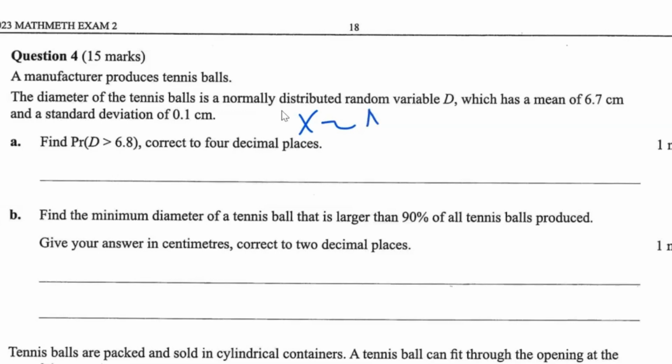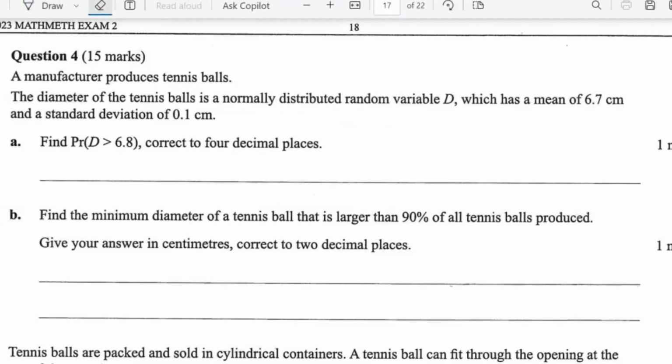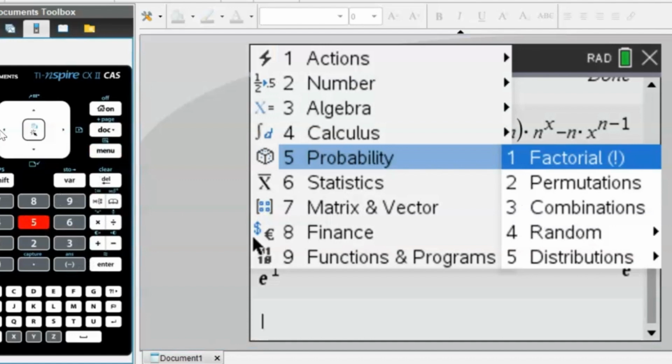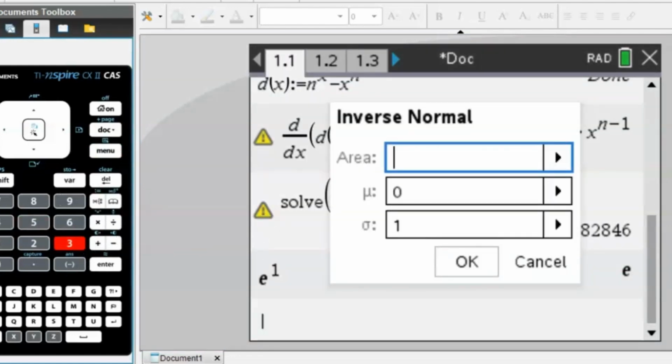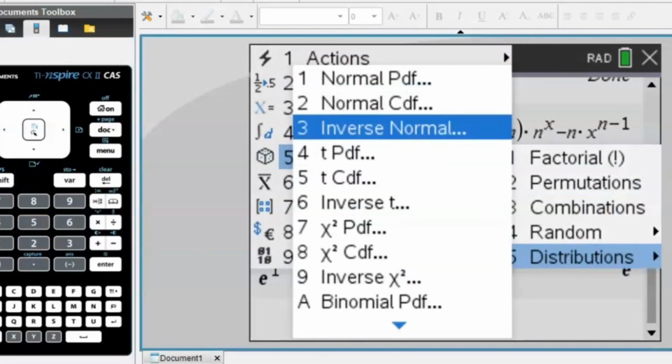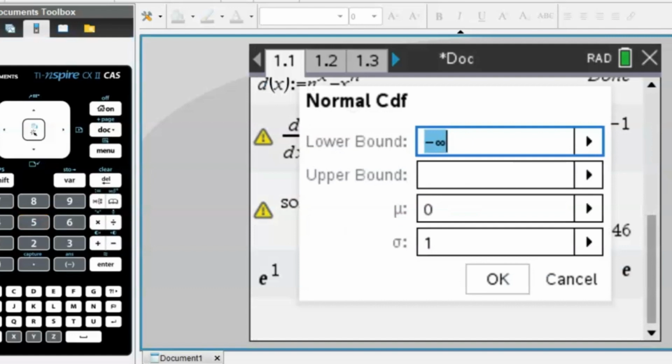So my normal distribution, menu 5, 3, then menu 5, 2. Now we're actually getting when it's greater than 6.8.